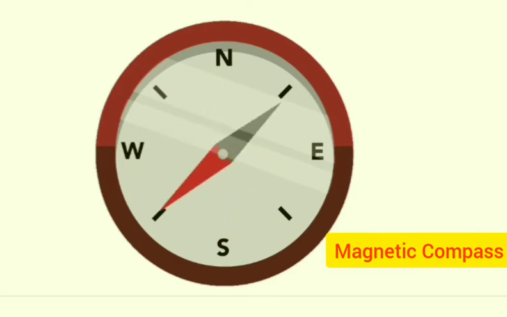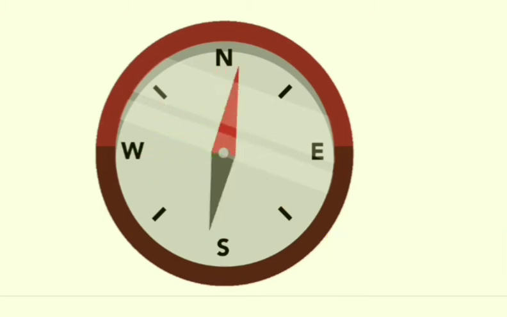The compass is kept at the place where we wish to know the directions. Its needle indicates the north-south direction when it comes to rest. To identify the north pole of the magnetic needle, it is usually painted in a different color.